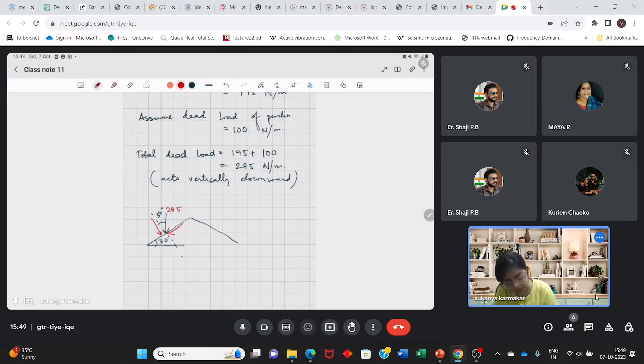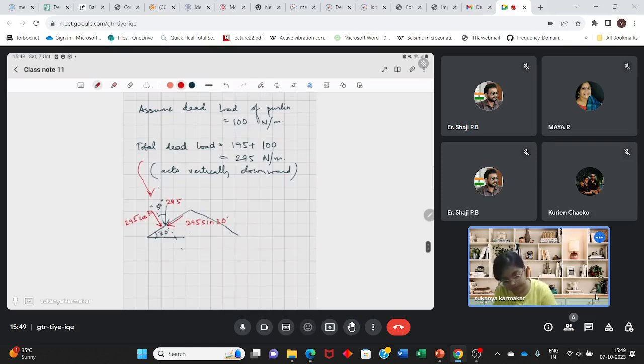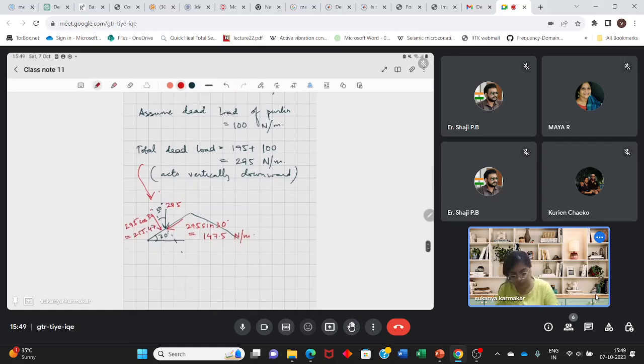The parallel component will be 295 sin 30 and the perpendicular component will be 295 cos 30. I hope this is clear, sir. This is for the dead load. This comes out to be 147.5 Newton per meter, and this comes out to be 255.47 Newton per meter.